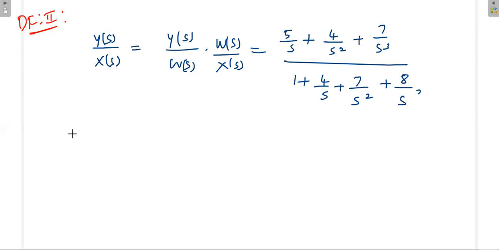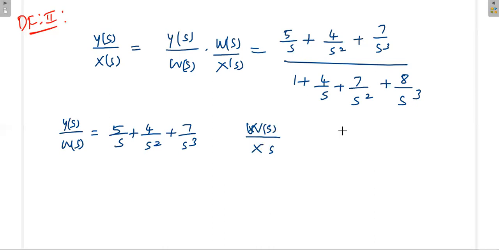Okay, then Y of s by W of s is equal to 5 by s plus 4 by s square plus 7 by s cube. Then W of s divided by X of s is equal to 1 divided by 1 plus 4 by s plus 7 by s square plus 8 by s cube.